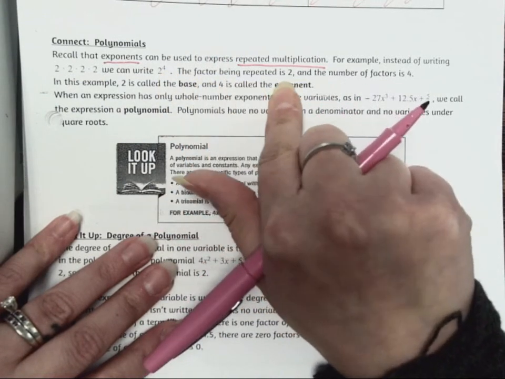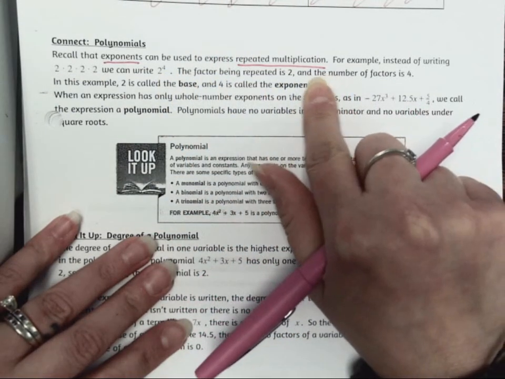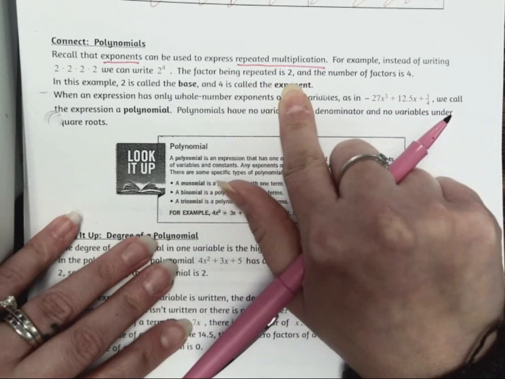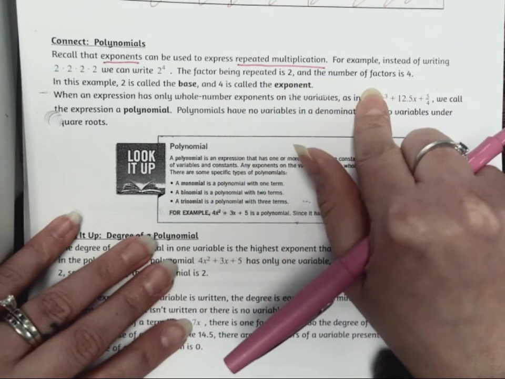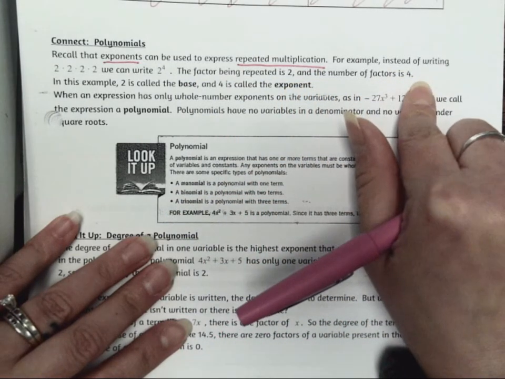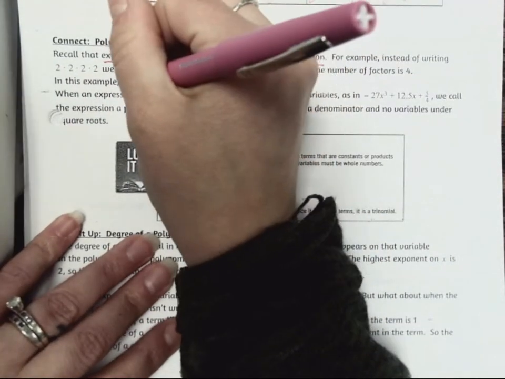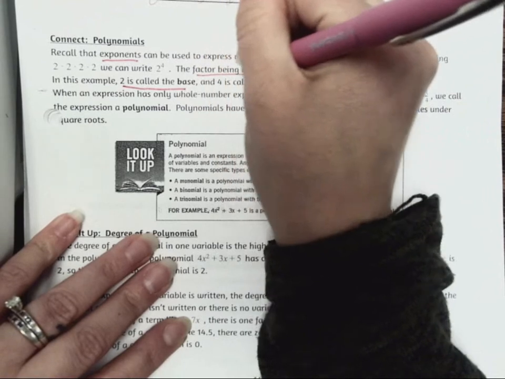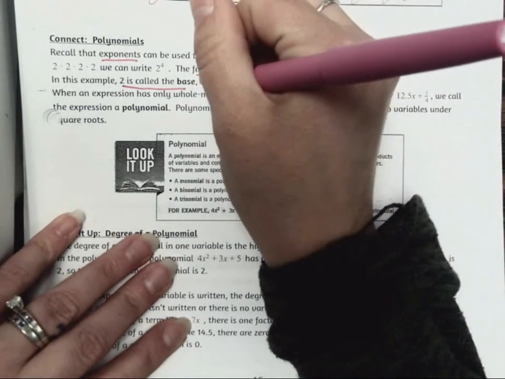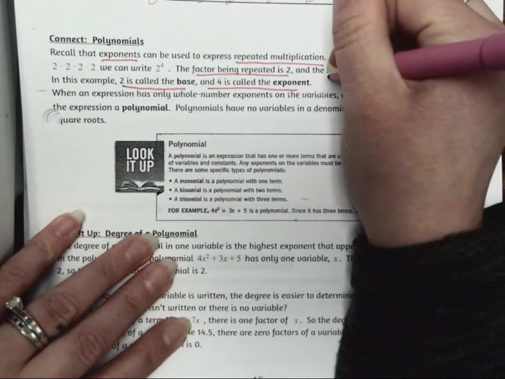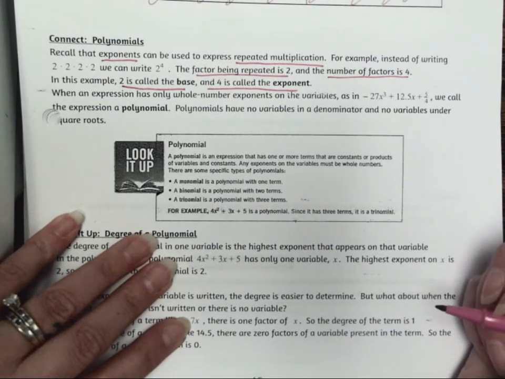So the factor being repeated is 2, and the number of factors that we do that is 4. So in this example, 2 is the base, which is the factor that's being repeated, and 4 is the exponent, which is the number of times that we repeat it.